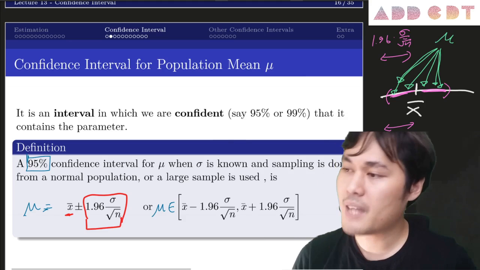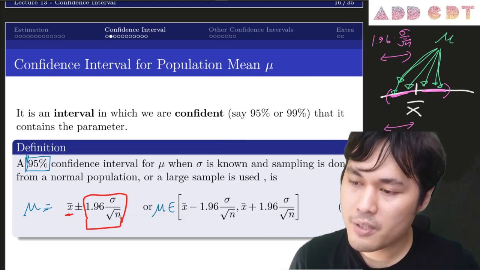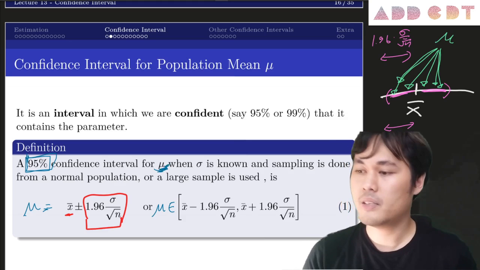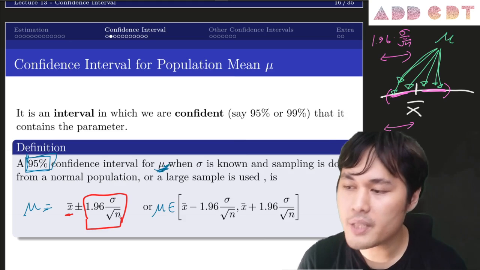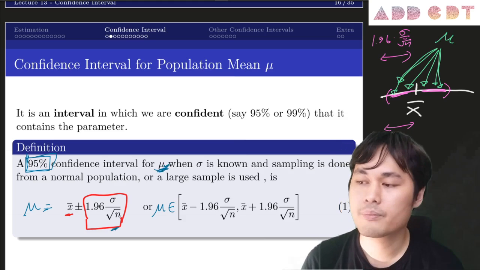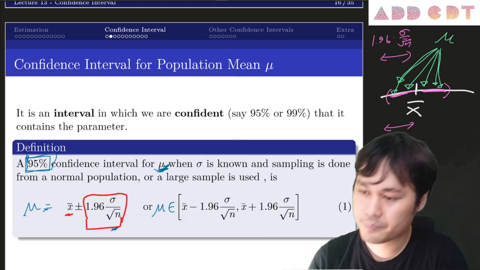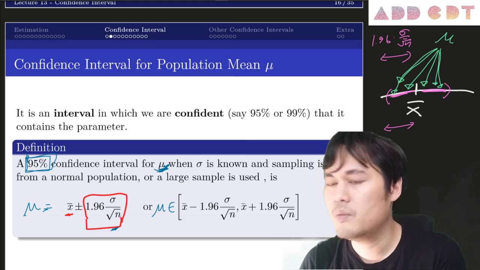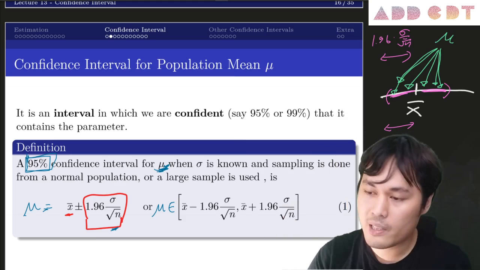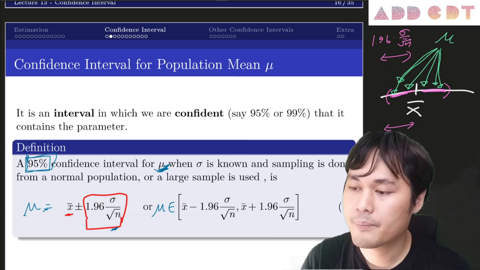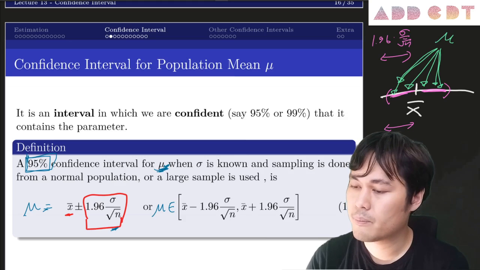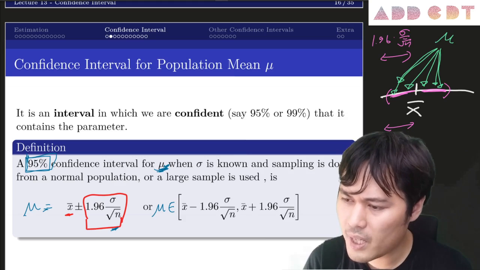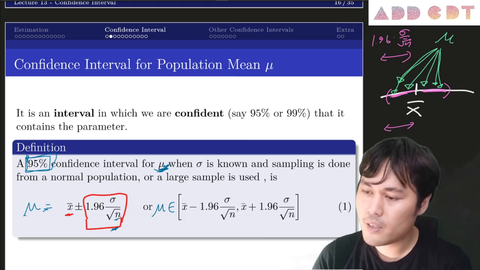But what we can say is that we are 95% sure that mu, the mean we are trying to estimate, is inside this interval, between these two numbers. And we have 1.96, which we will explain in a moment why we get that number, times sigma, the standard deviation of the population, and the square root of n, where n is the sample size.